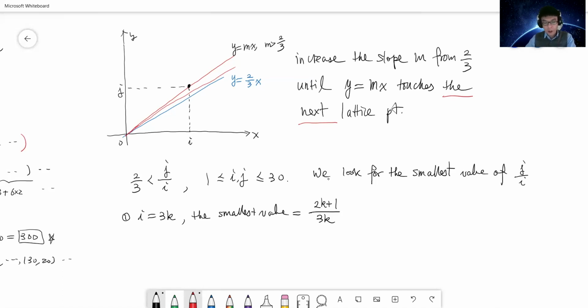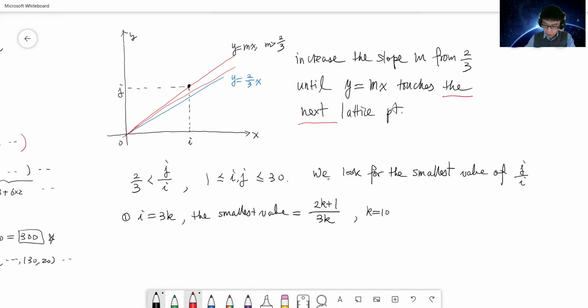That's the smallest fraction of this form. To minimize this value, we take k equals 10, because if k is larger, the fraction is smaller.